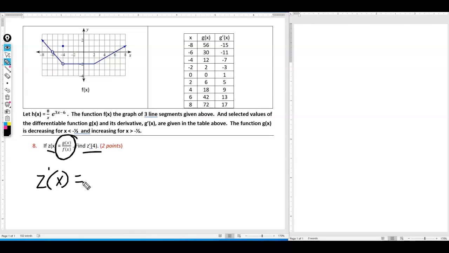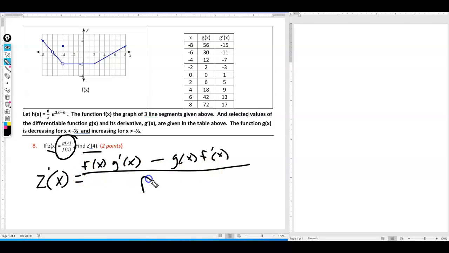Since it's a quotient, we're going to do the quotient rule, which is low d high minus high d low, over the line, square below. The next step is just to plug in the 4.